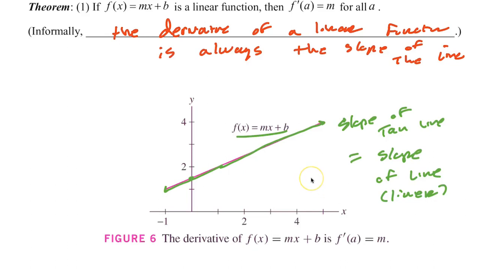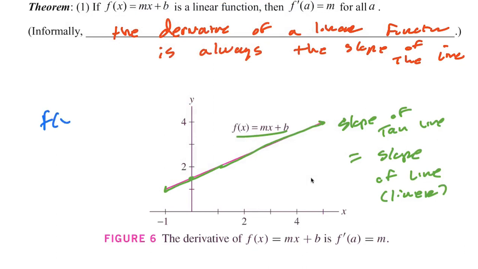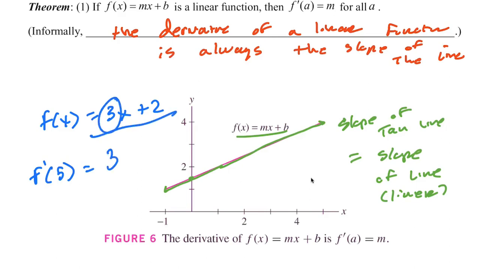That's why it works. So for an example, let's say I gave you f of x equals 3x plus 2. If I asked you what f prime of 5 was, it doesn't really matter. This is a linear line. The derivative is 3. I can ask you what f prime of x is. It's just going to be the slope, 3.